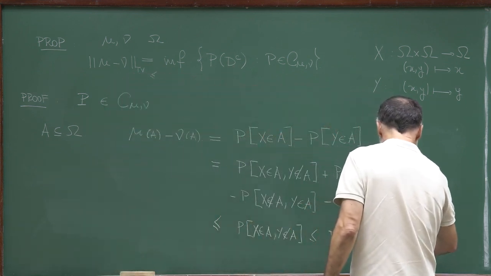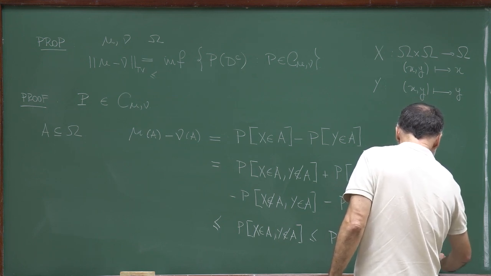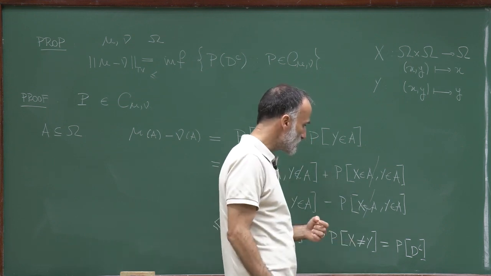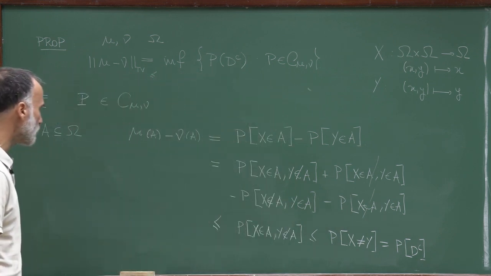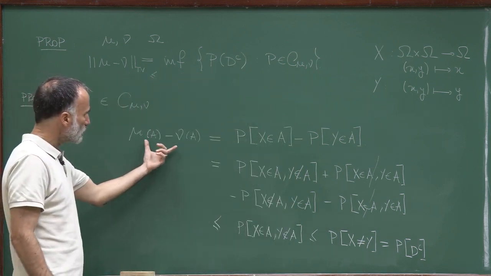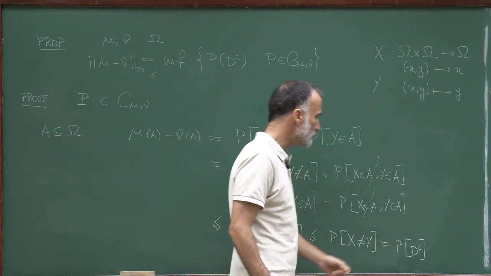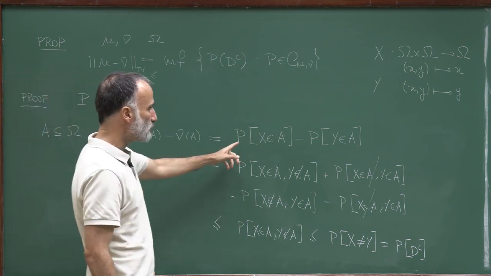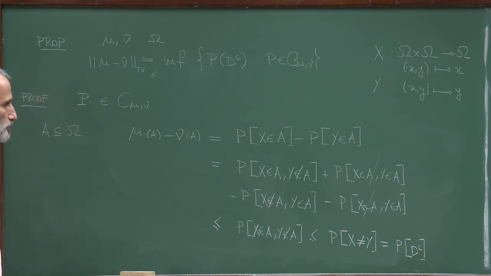So this is equal to the probability of the complement of the diagonal. So these are all points for which the first coordinate is different from the second, and this is exactly the complement of the diagonal. So we obtained a bound for mu A minus nu A in terms of the probability of the complement of the diagonal for any coupling P.